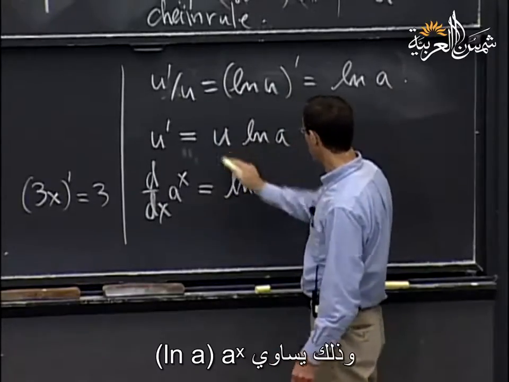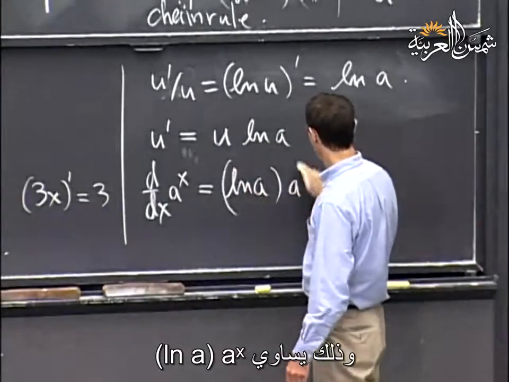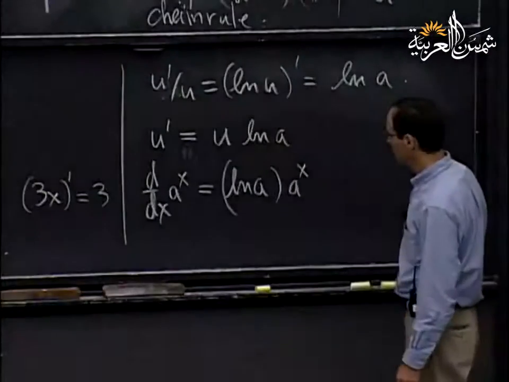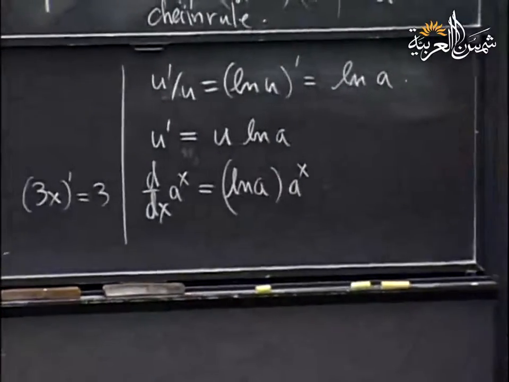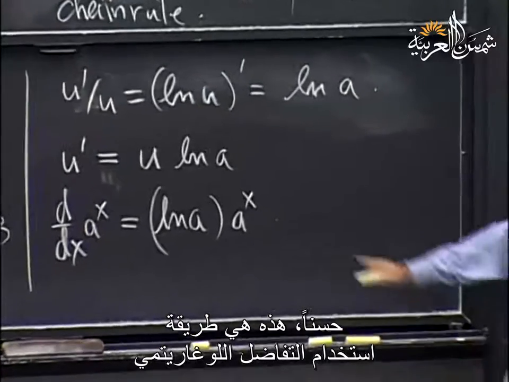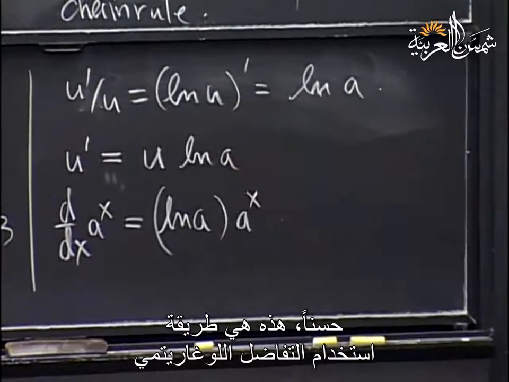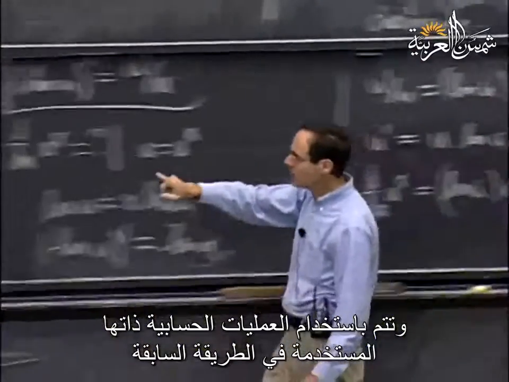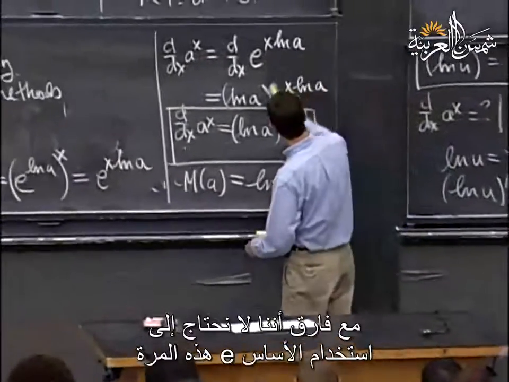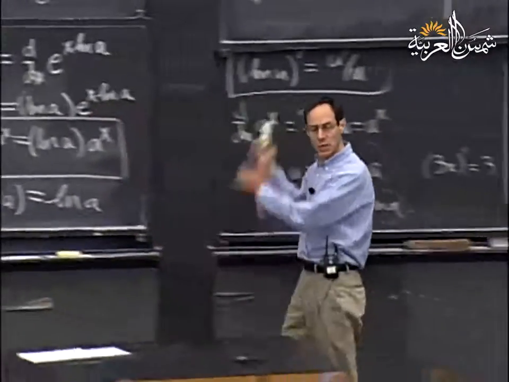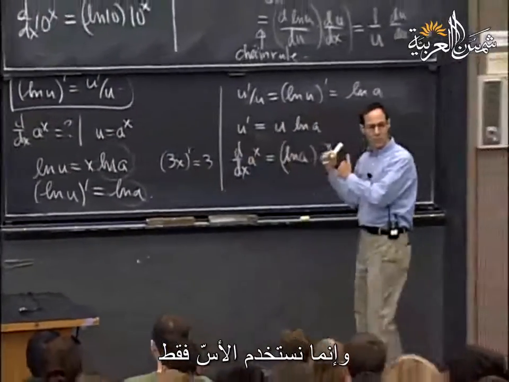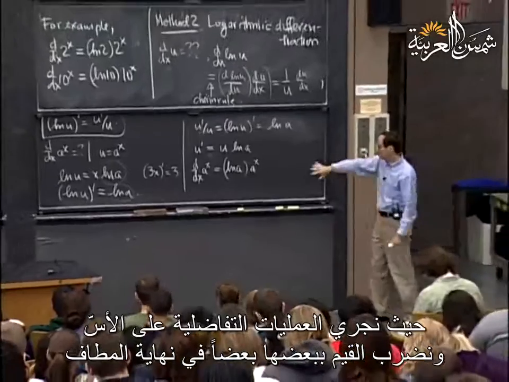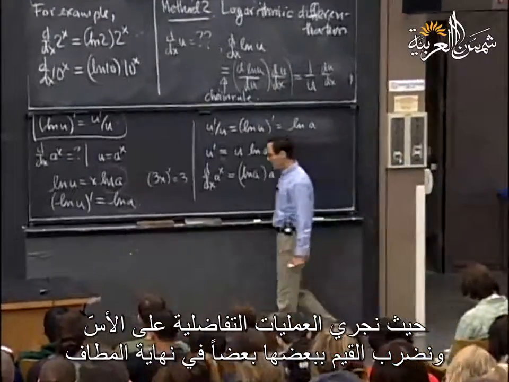I'll reverse the order of the two, which is customary, times a to the x. All right? So this is the way that logarithmic differentiation works. It's the same arithmetic as the previous method, but we don't have to convert to base e. We're just keeping track of the exponents and doing the differentiation on the exponents and multiplying through at the end.